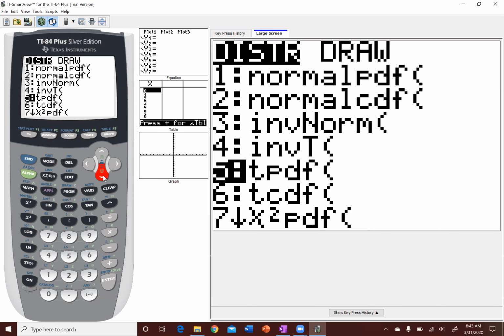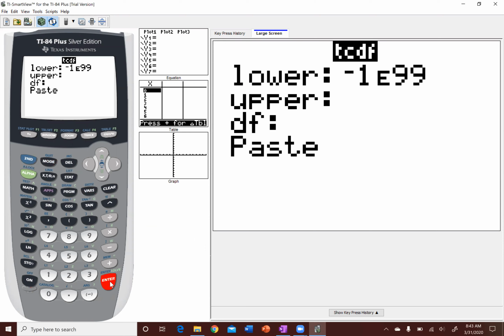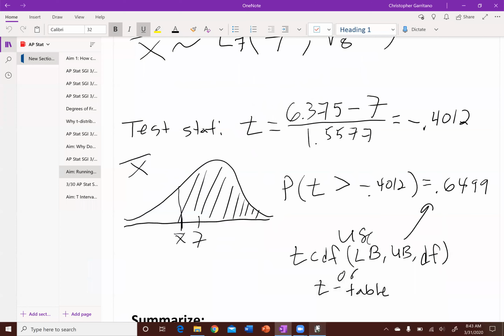It's just like normal CDF, same idea. The only difference is, with tcdf, you have to enter the standard T information. In other words, you can only enter T values.